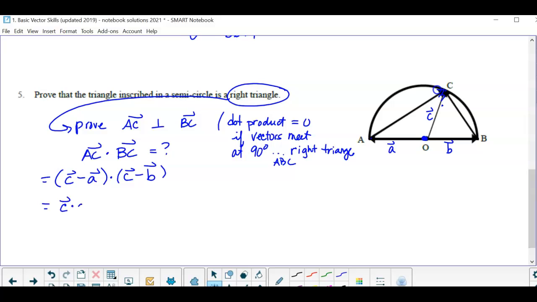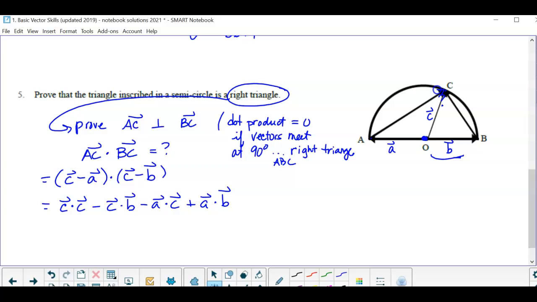Distribute the dot products. So we've got 3 vectors of this in terms of. Let's simplify that a little bit. Vector B here, if this is the center, is going to be the radius of the circle.